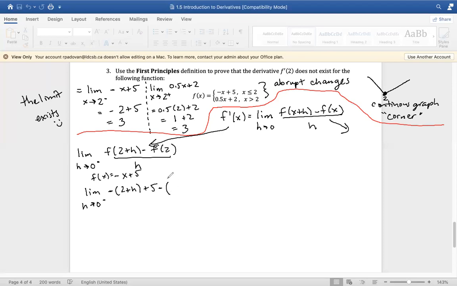So minus negative x plus 5, so negative 2 plus 5, all over h. Okay, is there any simplifying that I can do here? So that's going to equal negative 2 minus h, distributive property.